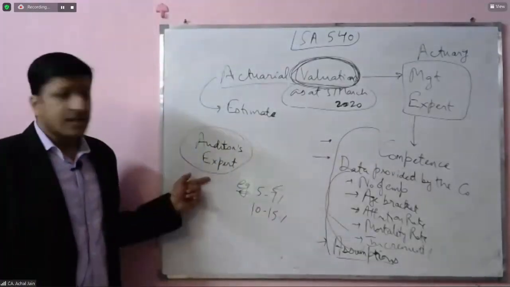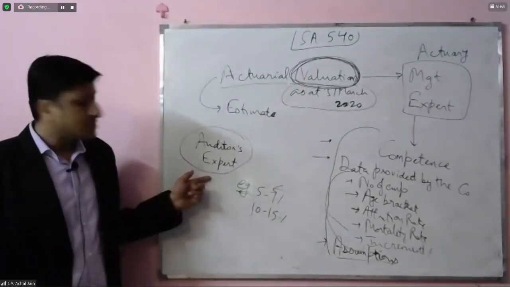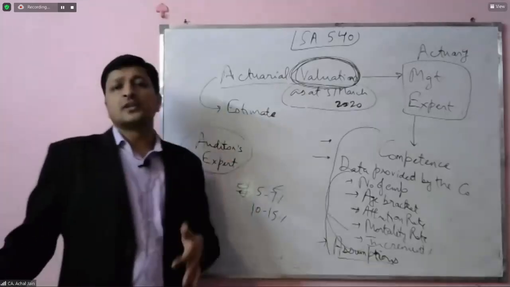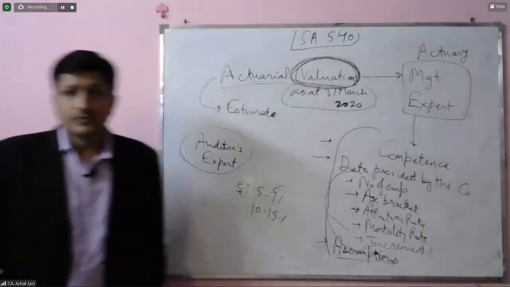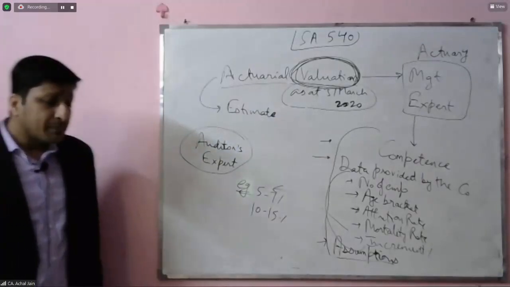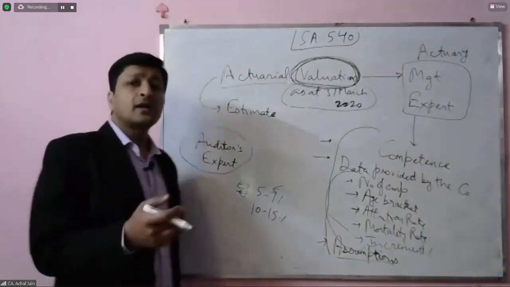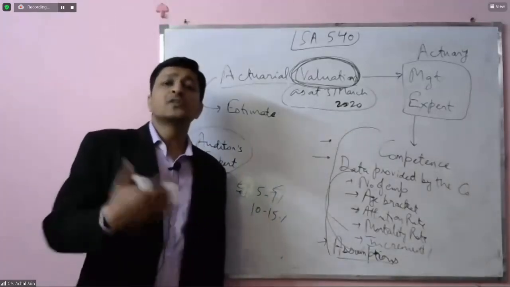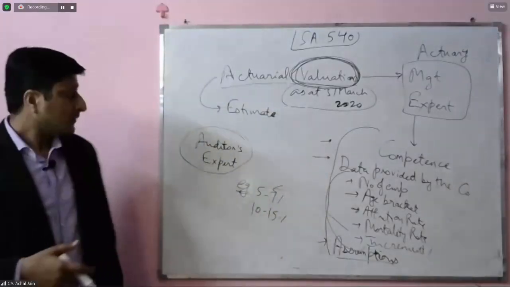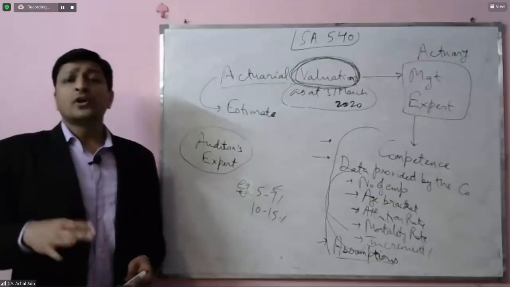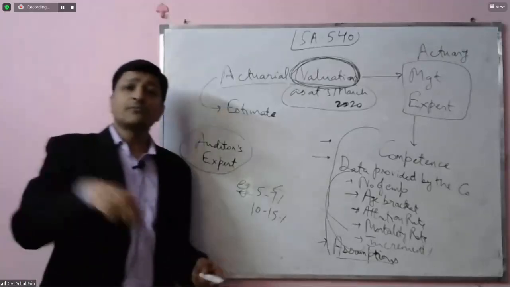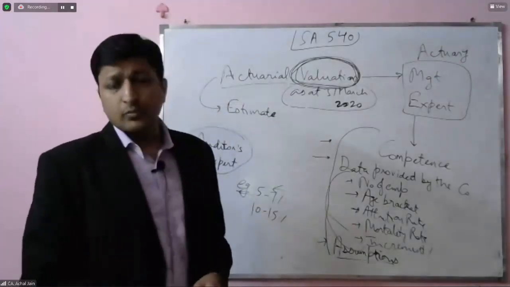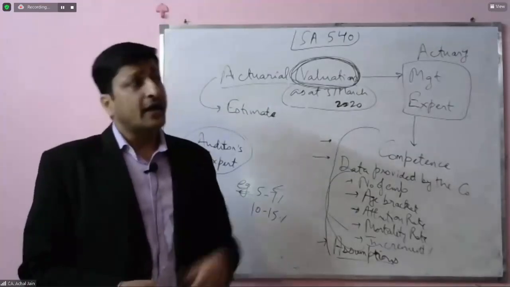Because any expert which the auditor plans to engage could be internal or external to him. Internal means somebody who is part of the audit firm itself, who is employed with the auditor. But at times, the auditor may want to engage an expert who is not part of the audit firm, who may be required to be hired from outside.